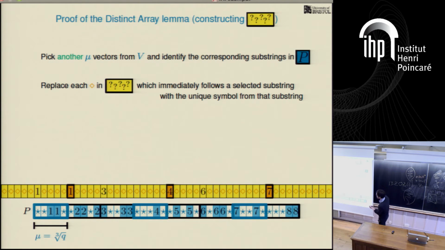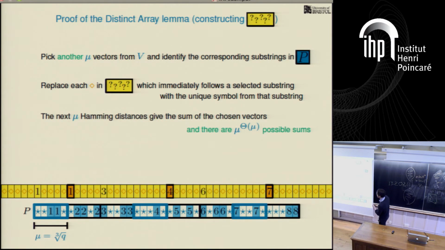I take the symbols directly after, and I insert a 1 to indicate this, a 4 to indicate this, a 7 to indicate this, and now, exactly the same way, the next mu Hamming distances will give the sum of the chosen vectors. And there are mu to the mu different possible sums. So sliding by mu gives me the next mu Hamming distances, and I have a huge number of possible choices for what they could be.